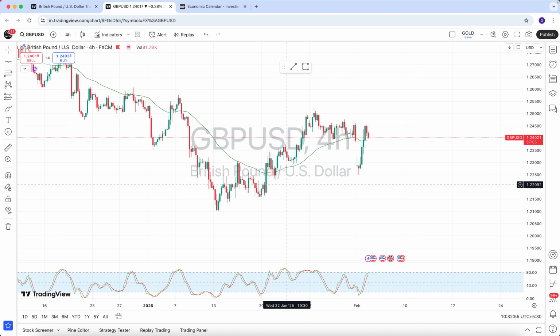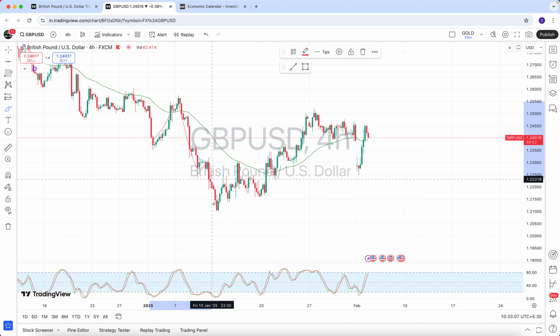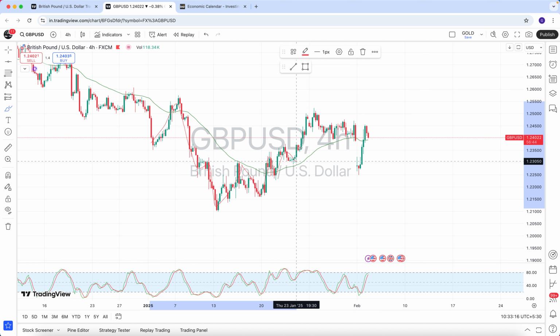So you can see this, right? On the 4 hour time frame, it was touching the 50-day moving average, and then down, and then 50-day moving average, and then down. Now it broke this 50-day moving average and is testing the 50-day moving average as support.